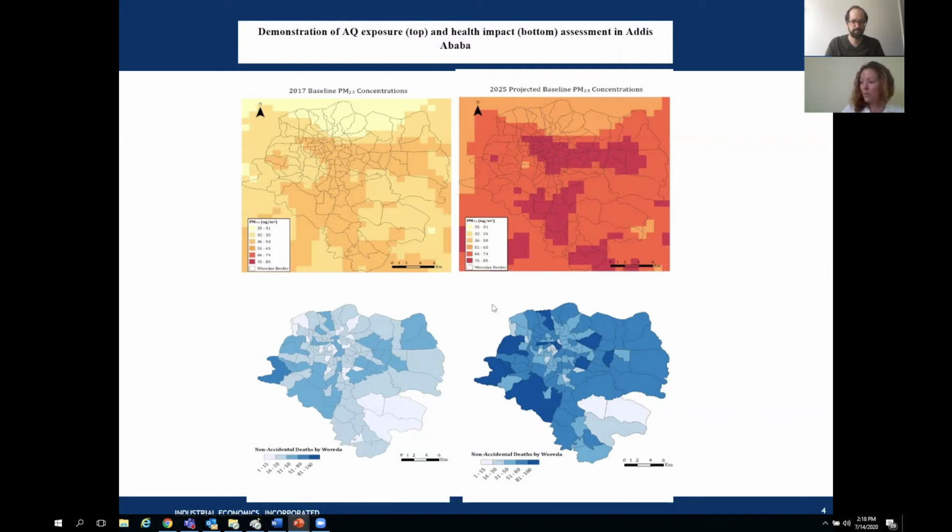And then we're able to do some estimated calculations of projected concentrations with no air quality controls or air quality management strategies put into place, to then understand how this would impact the non-accidental deaths by woreda in the future. Addis Ababa is at a point in time where they have the opportunity to make some big changes to impact air quality, and this information is very motivating to them.